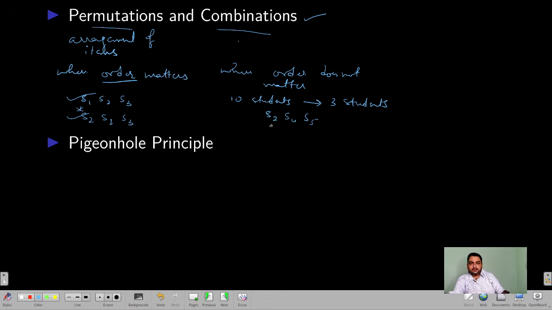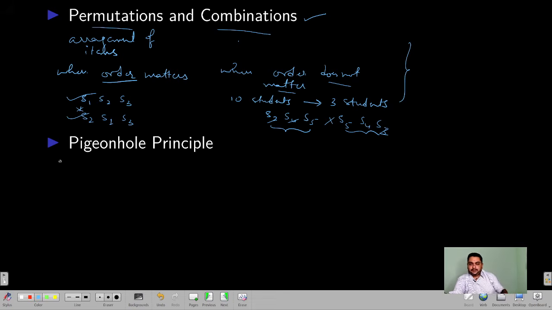Here the order doesn't matter. I can choose and place them like S5, S4, S2. See, I have chosen the same 3 people. The order does not matter here. That is the difference between permutation and combination. Don't worry, we'll be learning and solving at least 100 problems on both these concepts, permutations and combinations, later.